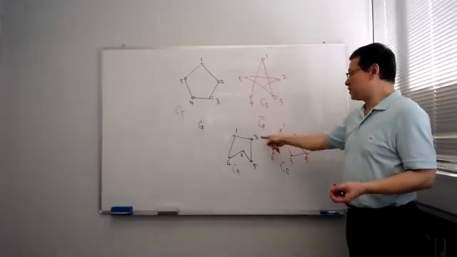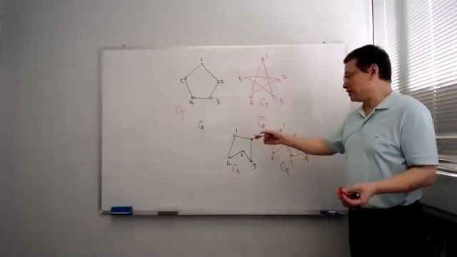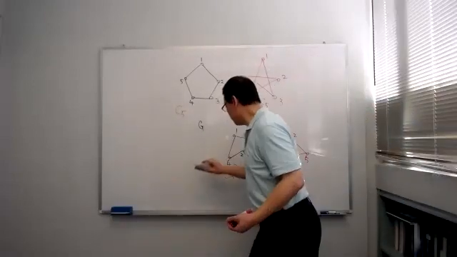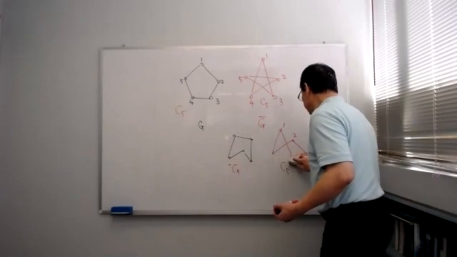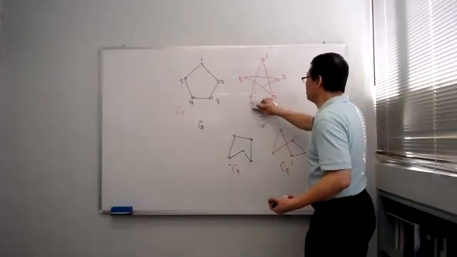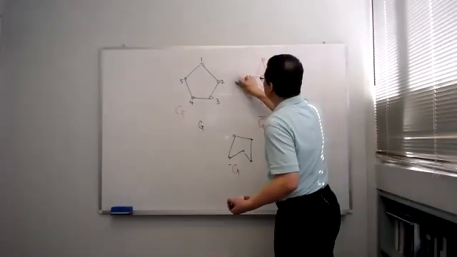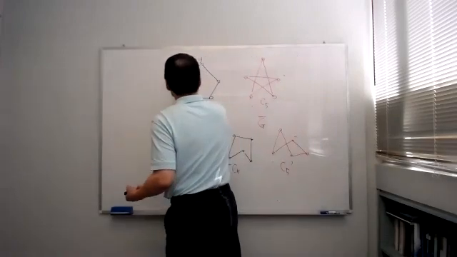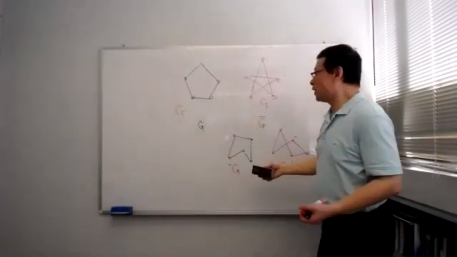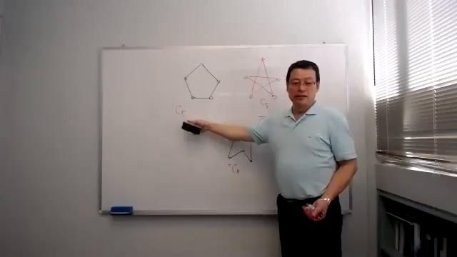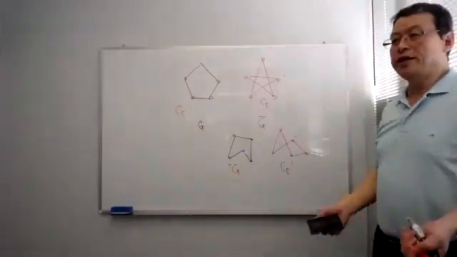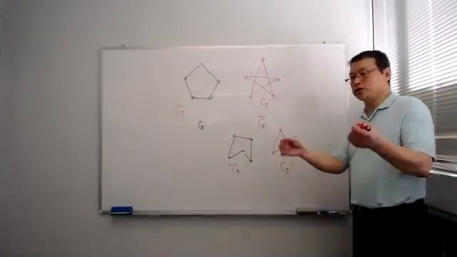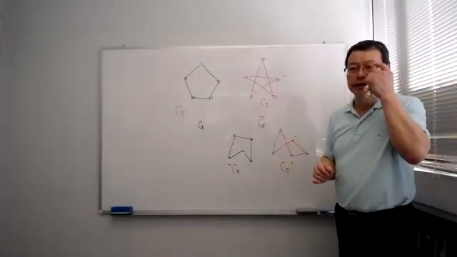So all of them are actually different drawings of C5. The only difference is the labeling. If we ignore the labels, the names of the vertices, then they represent the same graph. So the natural question is, how do we know whether two graphs have the same structure or not?